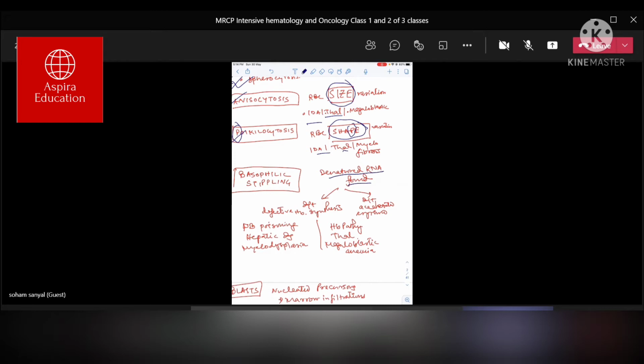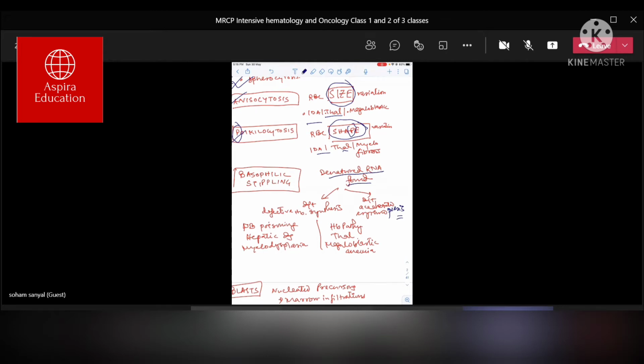Denatured RNA is formed either due to defective hemoglobin synthesis or due to accelerated erythropoiesis. These are the two conditions only. Defective synthesis may be due to certain disease, deficiency, or infiltration, and accelerated erythropoiesis will be due to increased demand.